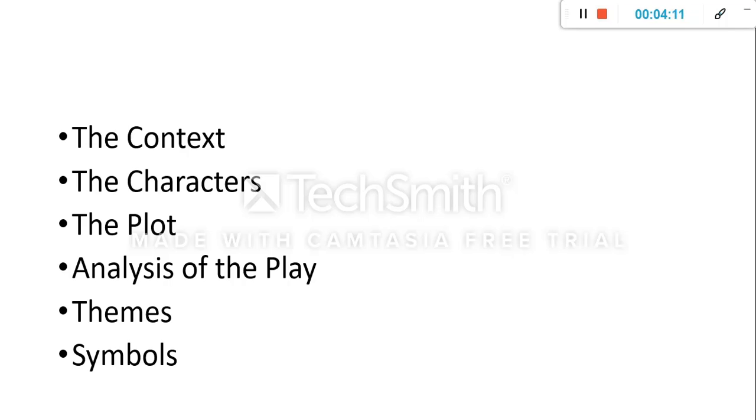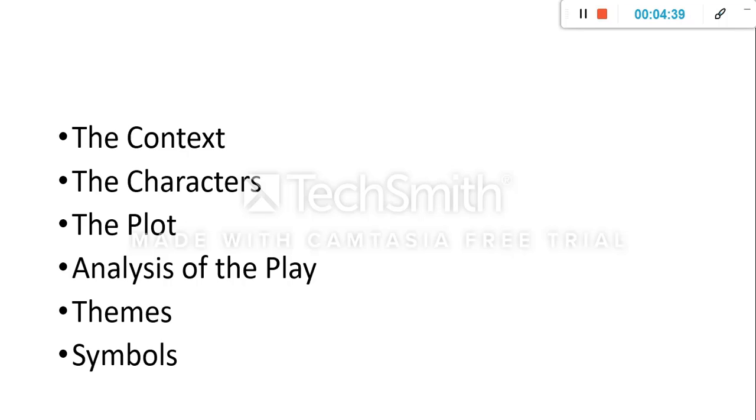Then we will study the plot of these plays: the sequence of the events, the main events of any one of these plays, followed by the analysis of the play. In the analysis we will have a critical view toward the story in general as well as the characters.